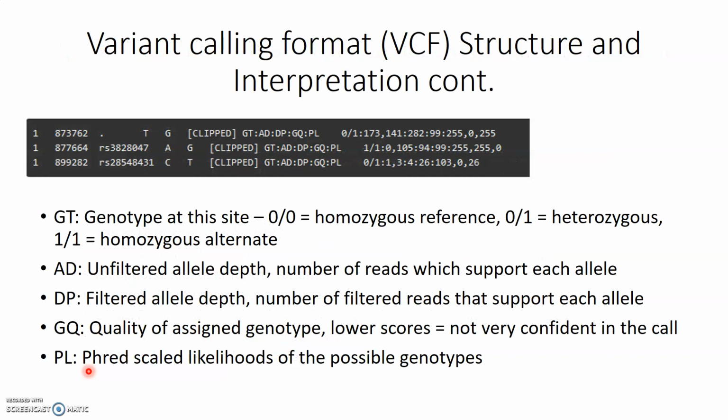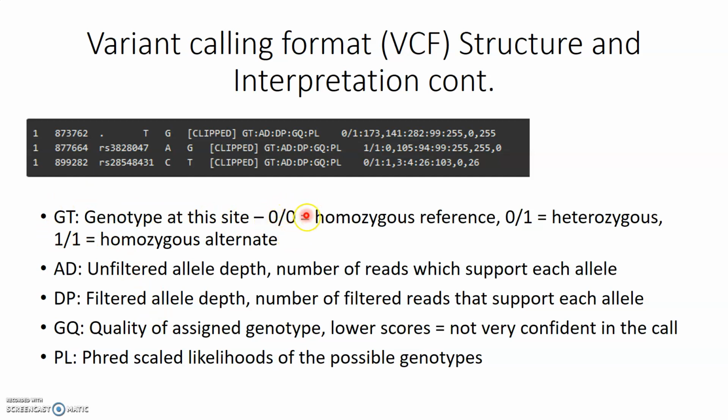The format column is over to the right side here of our VCF. You'll see a string of numbers here that's separated by a bunch of colons. This gives us information on the specific call at that particular position, as far as quality of assigned genotype, the filtered allele depth, which we'll talk about a little later, and the genotype at this particular site.